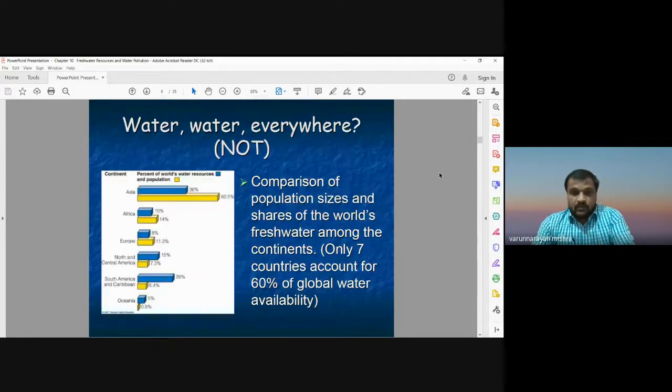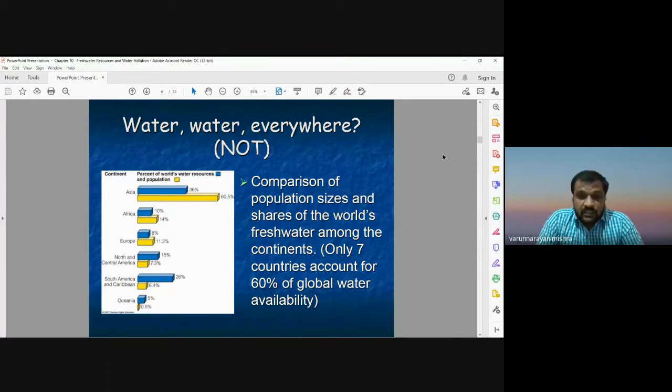Although water is everywhere, in comparison to the population size of the world, the availability of fresh water is very low.